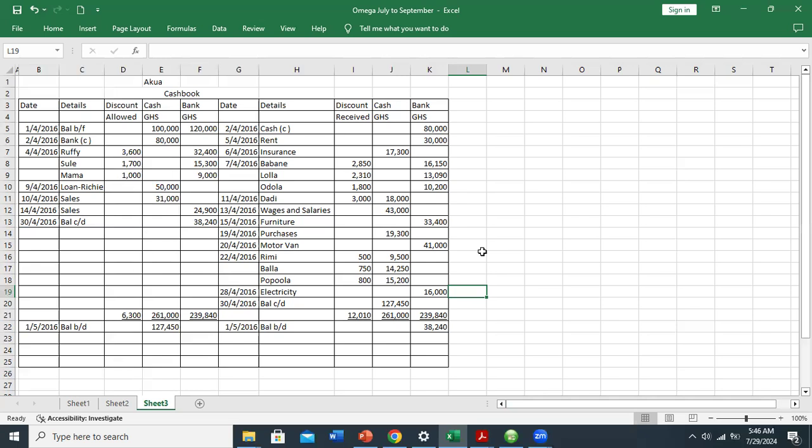Cash would always have a debit balance, okay? But your bank can have a credit balance, and that is your bank overdraft, which is a current liability. For your discount column, just sum them up and put them under the total, and that is all. So dear ladies and gentlemen, this is your 3-column cash book.